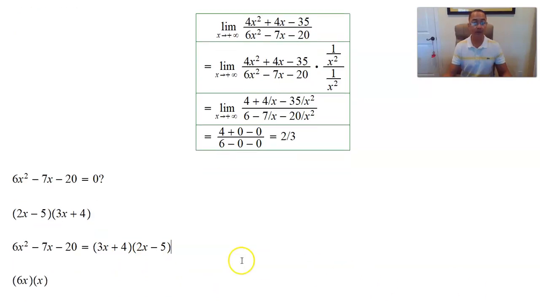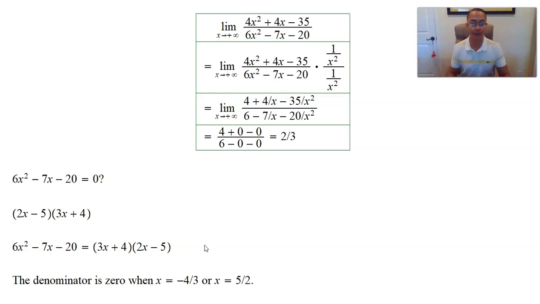So the denominator is 0 when x is minus 4/3 or x equals 5/2. And you might say, woohoo, we found our vertical asymptotes because we're dividing by 0. Not so fast. What about the numerator?